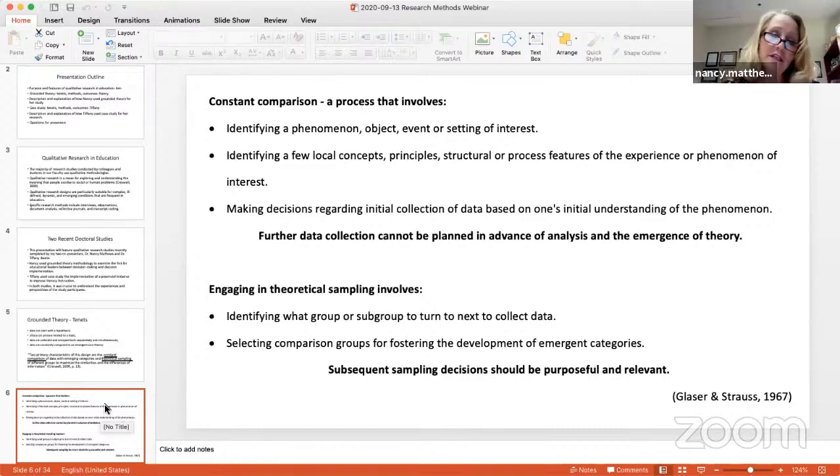And the key point here is that with grounded theory, further data collection is not planned in advance of analysis and the emergence of theory.